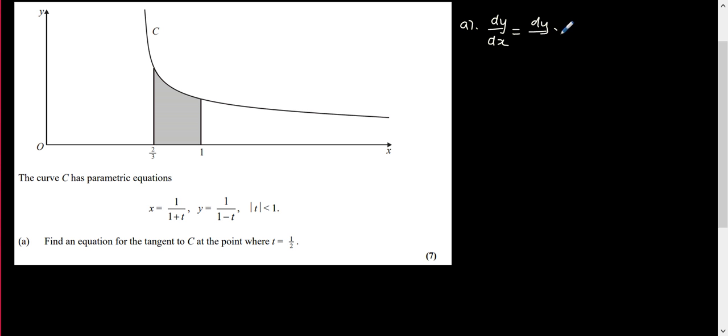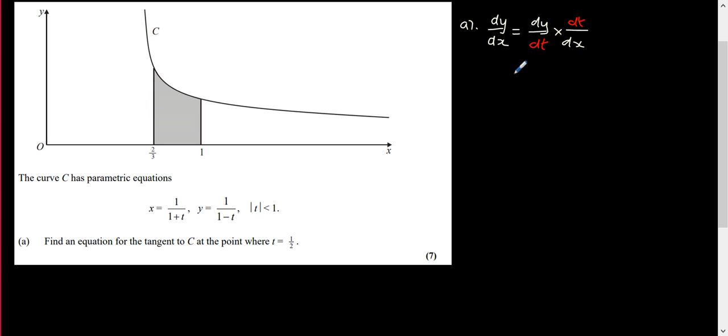So we can split this dy by dx up into the product of two differentials, where the unknown here on the bottom of this one and the top of this one is going to be dt, because it's t that's our third parameter that we're working with. So if we know that dy by dx is dy by dt multiplied by dt by dx, we can go ahead and work from there.